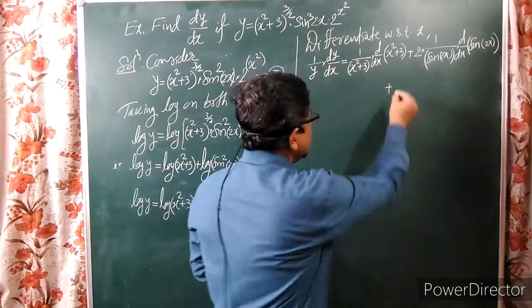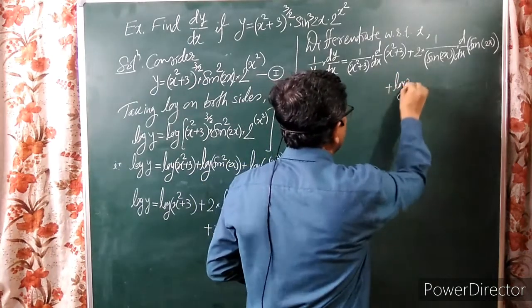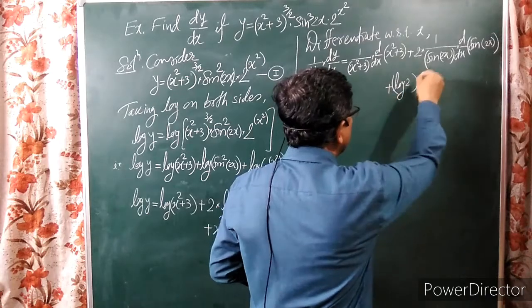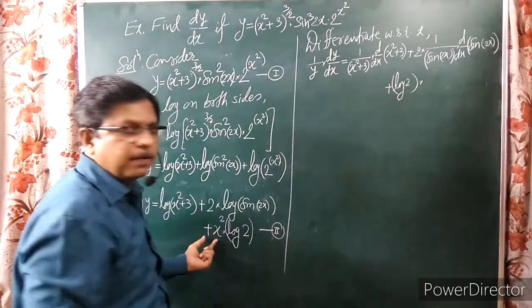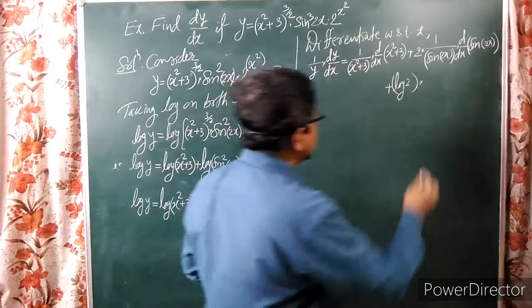So I will write this as coefficient log of 2 into, go for the derivative of x square, and simply we know that the derivative of x square is 2x.